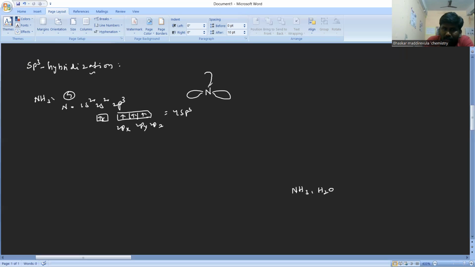They orient around the nitrogen like this. These are all the sp3 hybrid orbitals.